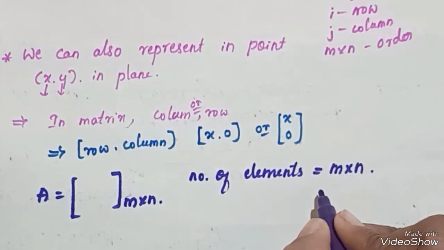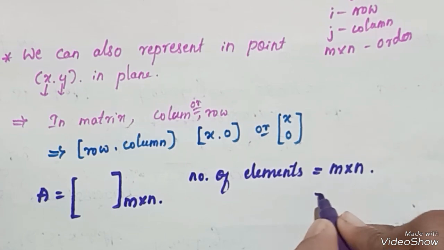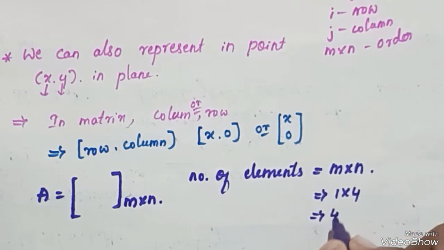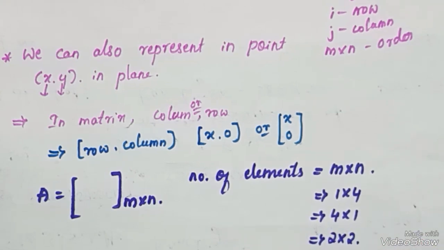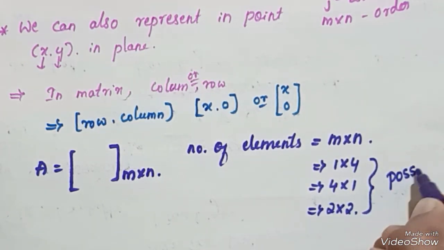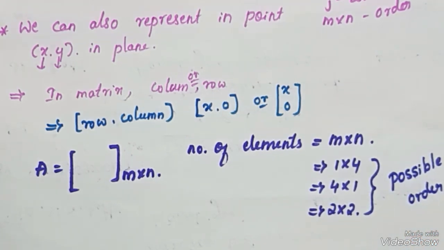For example, if a matrix contains 4 elements, 4 can be written as 1 into 4, 4 into 1, and 2 into 2. Therefore, these are the possible orders. Possible orders always depend on the number of elements present in a matrix.